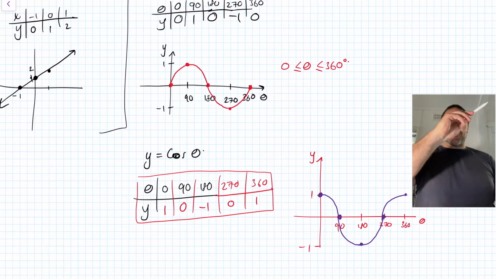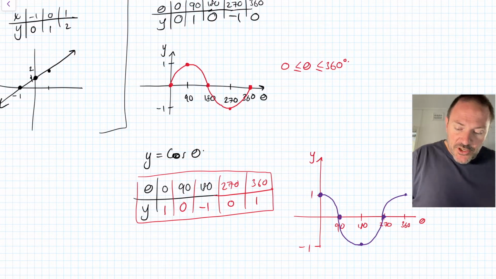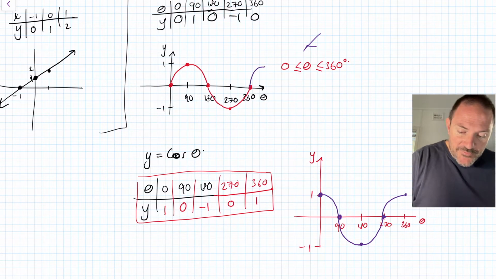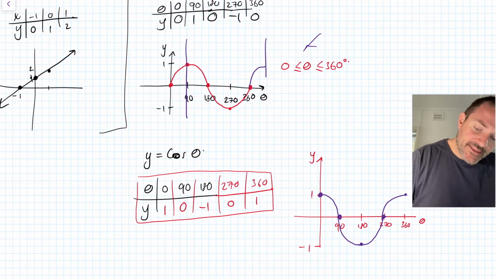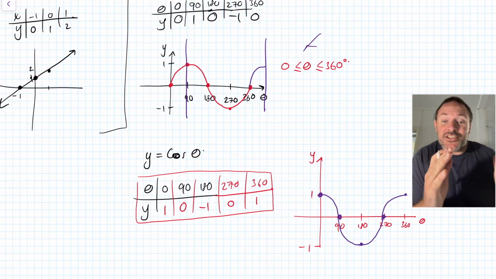Now, we get this nice cool shape. Funny enough, if we continued that sine graph and looked at that portion of it, guess what the sine graph looks like? The cosine graph, but slightly shifted.